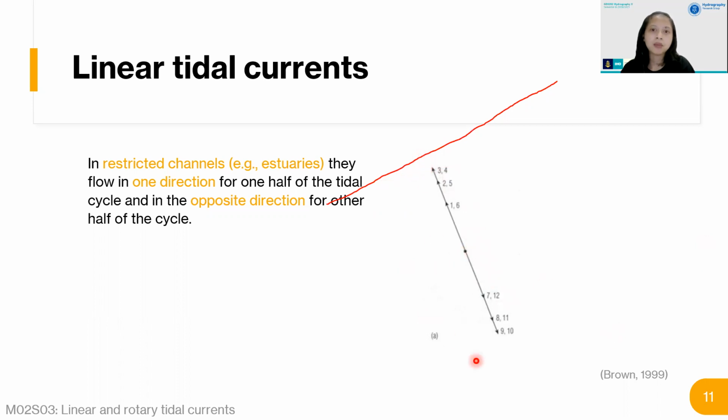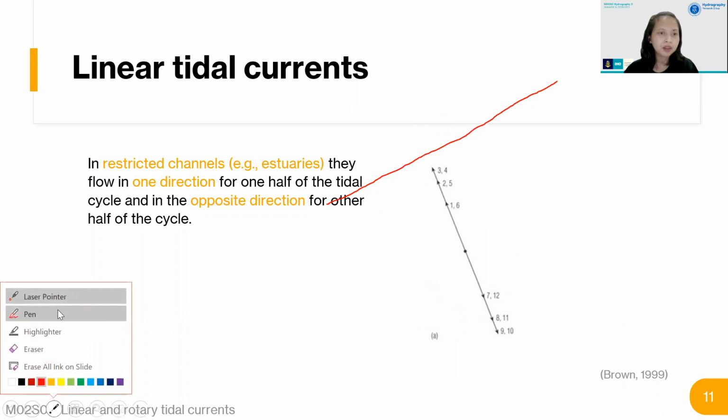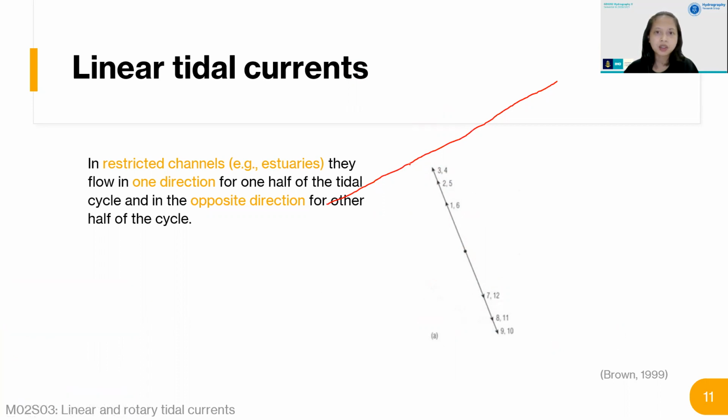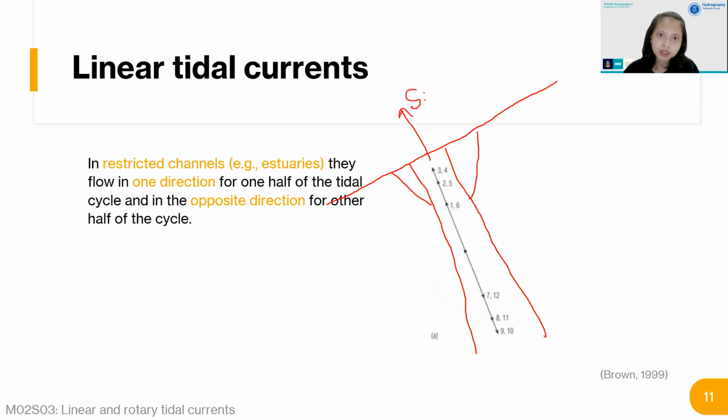We can imagine this only happening, for example, in a river. It doesn't look exactly like this, but imagine this is a river, and that one should be bigger, flowing towards the sea.